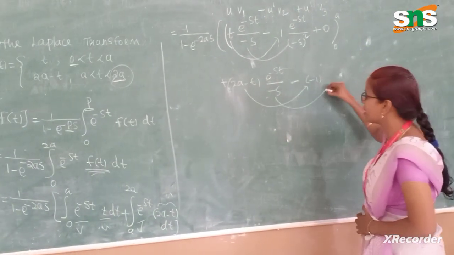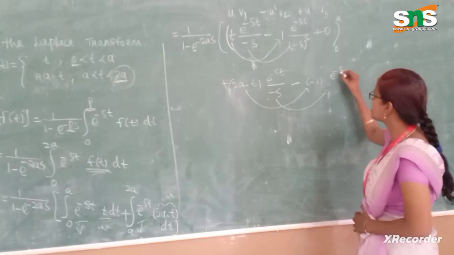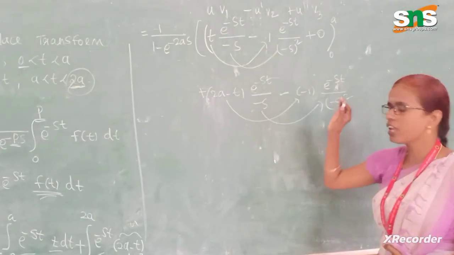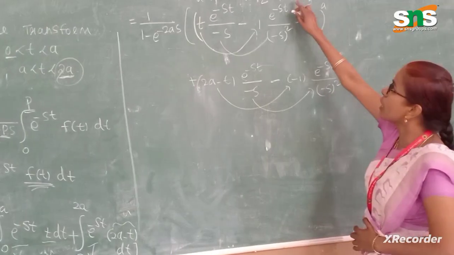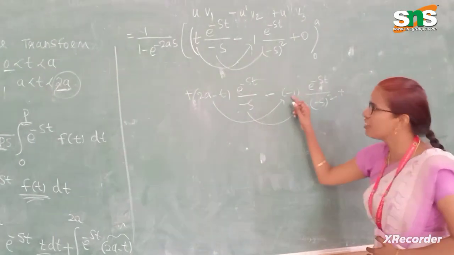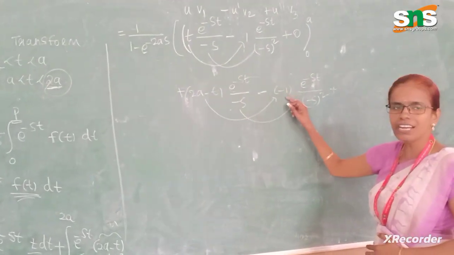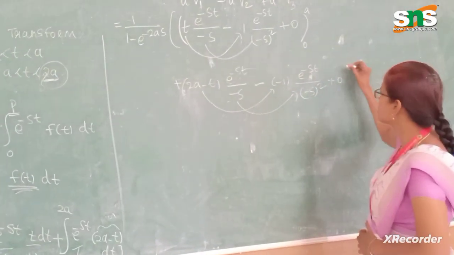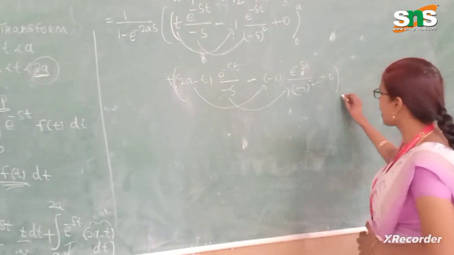Again we integrate, giving e power minus st by minus s whole square. For u double dash, we differentiate again, but there is no t left, so the value is 0, and 0 into anything is 0. Now close the bracket. The limit is from a to 2a.